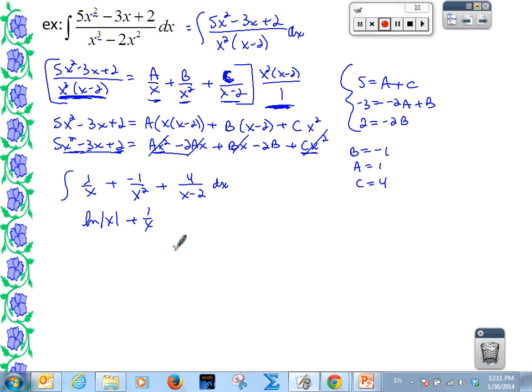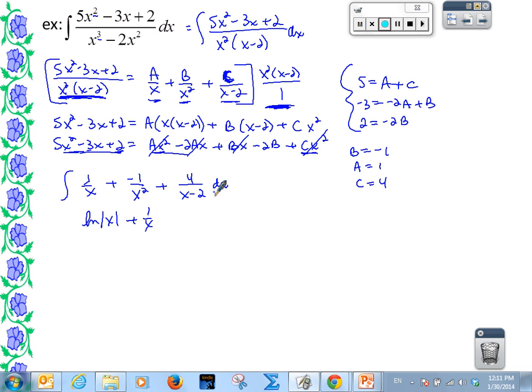This last one really is kind of like a little baby u substitution, which when we first started u substitution, you would have had to write this all out, but by this time in our work, you probably can do this u substitution in your head. Probably, right? If we set u equal to x minus 2, then our du is just dx. We don't have any constant to mess with. And this turns into 1 over u du.